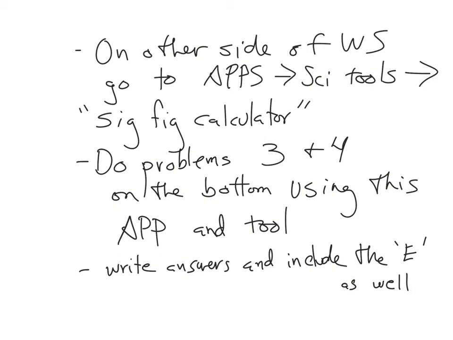If you do not have that calculator, you are going to have to borrow one or share one with somebody around you. On the bottom, you will see problems 3 and 4. I don't want you to do the top. 3 and 4 just have basic addition, subtraction, multiplication, and division.